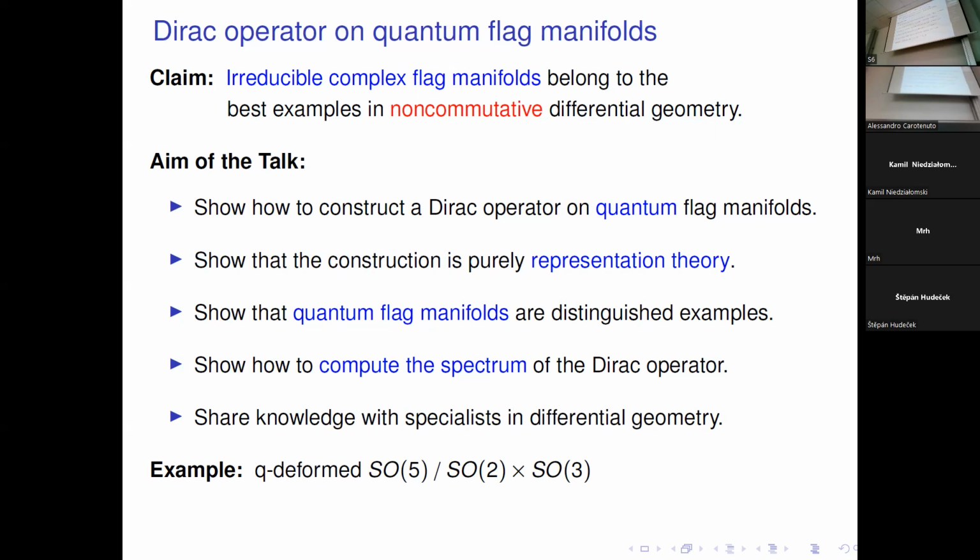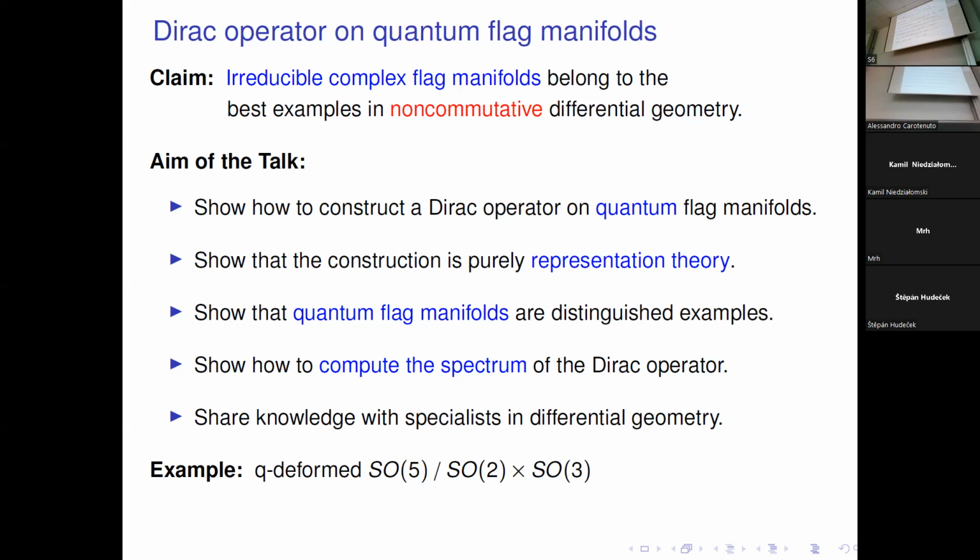And those that have a bit of experience with non-commutative geometry will know a lot of problems in constructing spectral triples. So one class that works are the irreducible quantum flag manifolds. And I'm trying to explain, for those that have experience, why this class of non-commutative spaces really works.